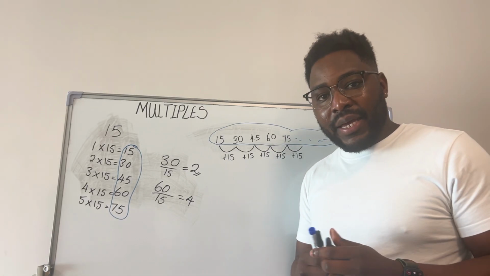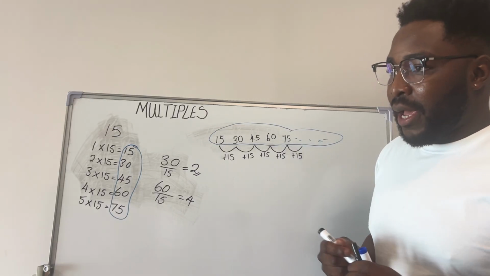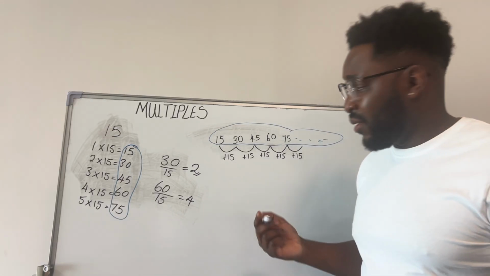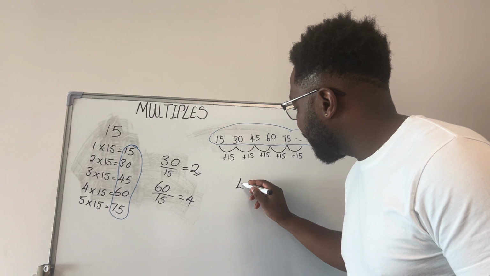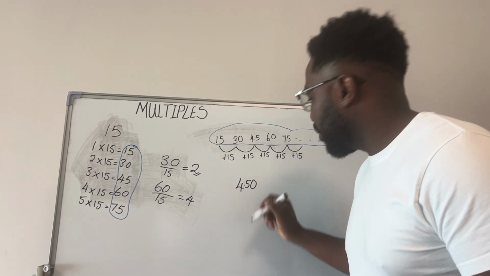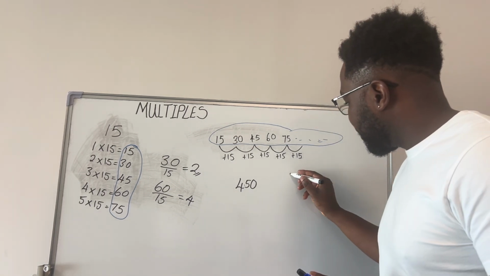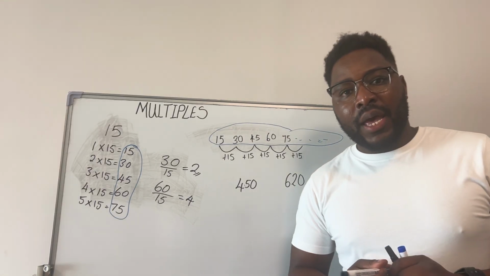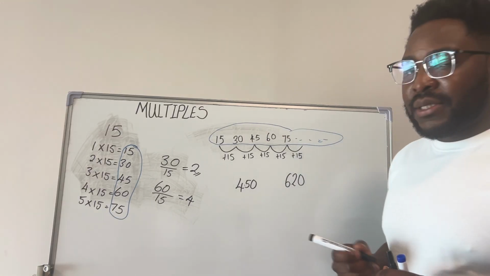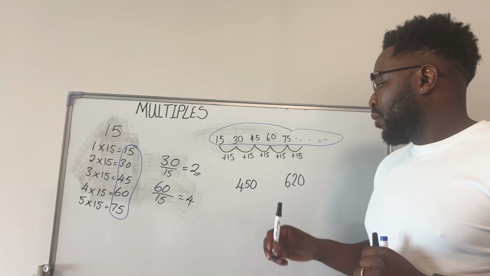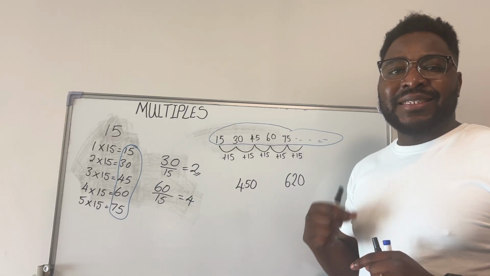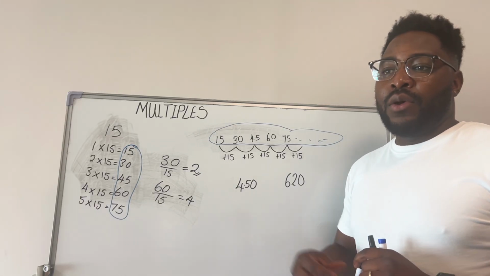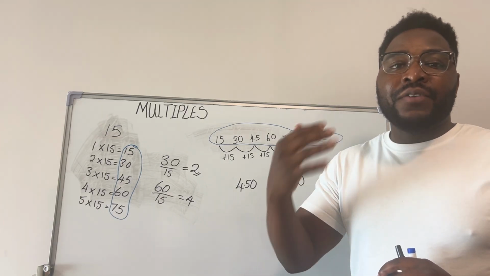So let's say we've been given 450, and also been given 620, and we're being asked to find between 450 and 620 which one is a multiple of 15.